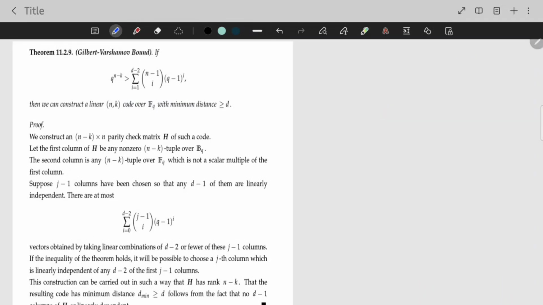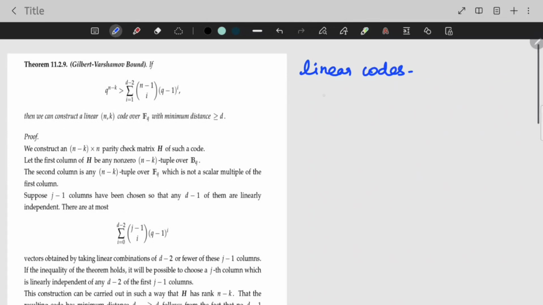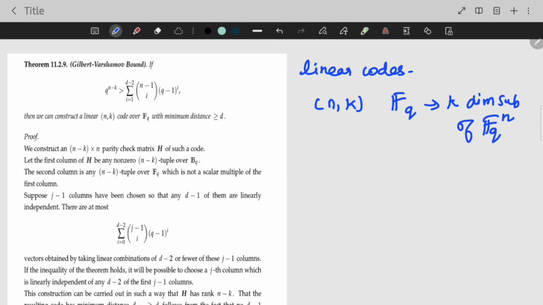Till now, we have seen what this bound is about, and the inequality and the terms in the inequality. Now, let's see the proof from the basics. First, we need to know about linear codes. A linear n comma k code over a finite field Fq is a k-dimensional subspace of Fq to the n.